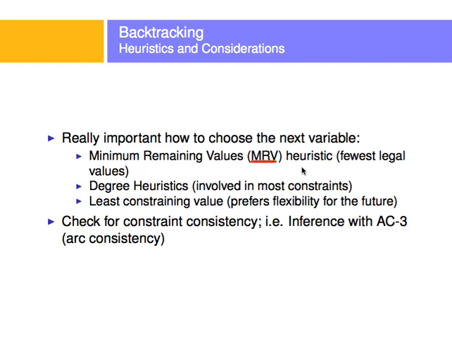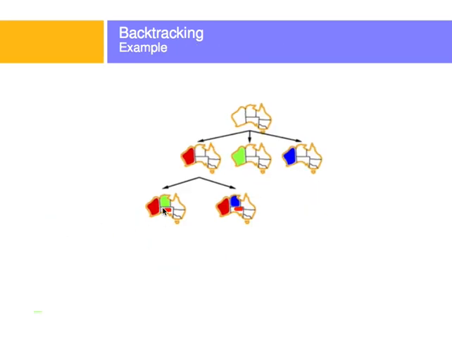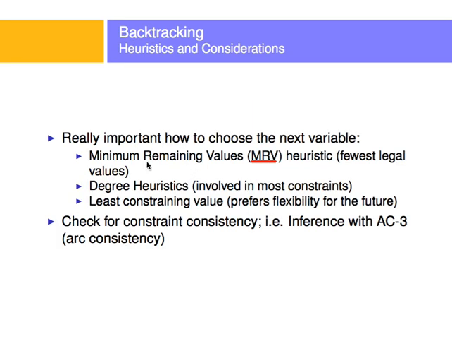This is a heuristic that looks at the variable with the fewest legal values. In this case, South Australia is the one with the fewest legal values at this step, because it can only be blue. So there's one legal value, where this one has two legal values. That's the minimum remaining values. It really improves the search a lot.